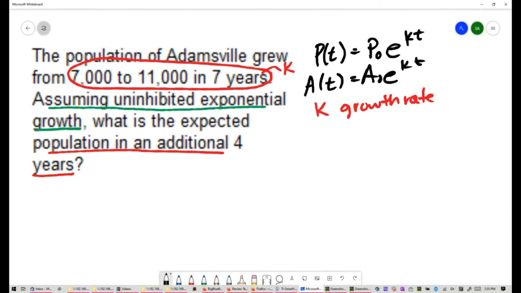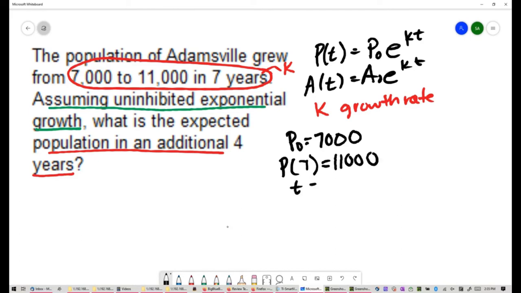So let's start off finding that growth rate k. So the 7,000 would be an initial population. The 11,000 would be the population after 7 years. So that's P of 7 would be 11,000.